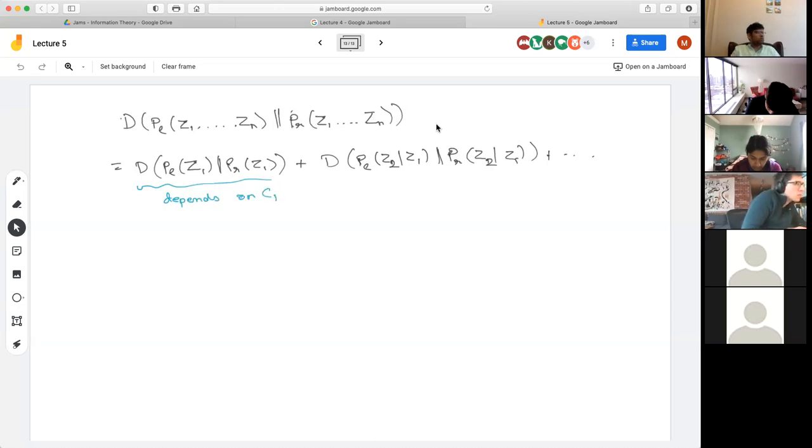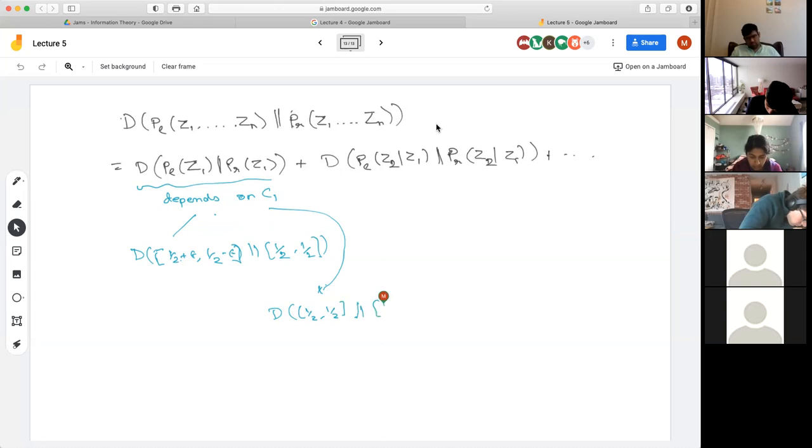Depending on whether C1 was trying to see, let's say, the left hand, then it would be the KL divergence of the half plus epsilon, half minus epsilon distribution versus the half-half distribution. Or it could be the KL divergence of the half-half distribution versus the half plus epsilon, half minus epsilon distribution.